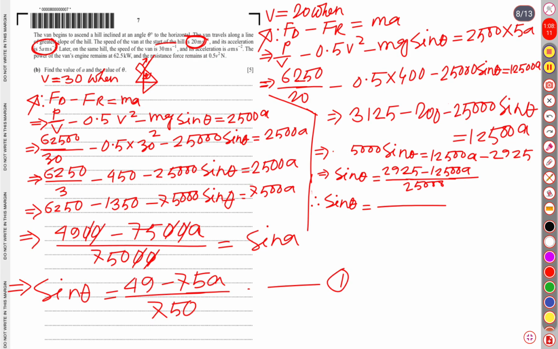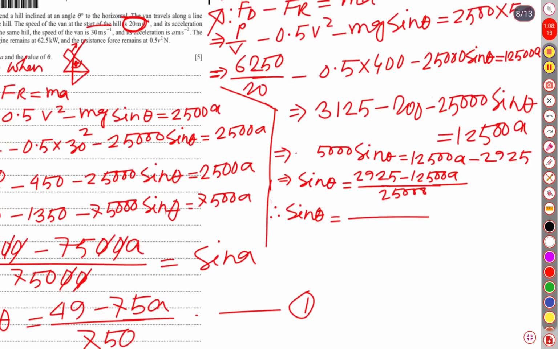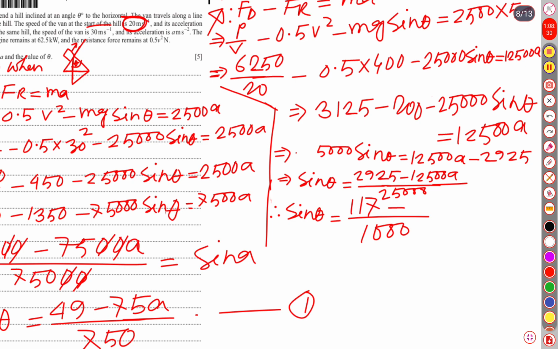Now each of the quantities is divisible by 25. If we divide by 25, 25,000 means 1,000. So 1,000, and it is going to be 117 minus, if we divide by 25, 500a over 1000. Okay, this is our equation number 2.